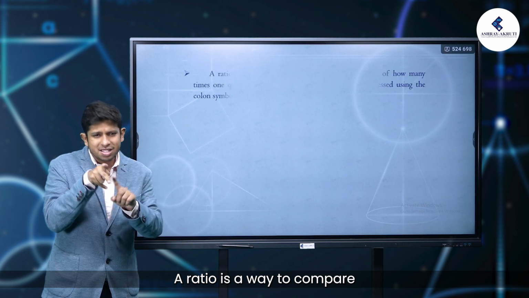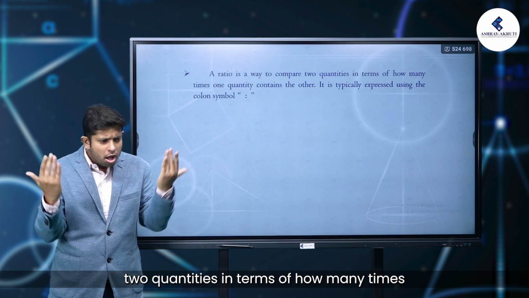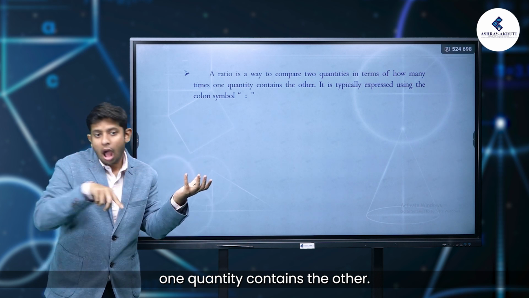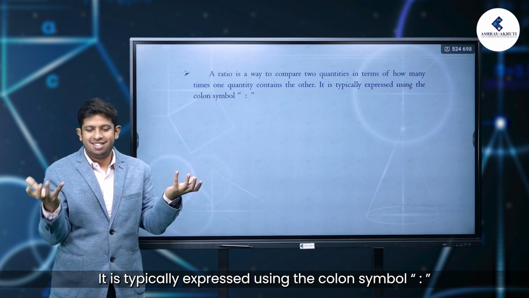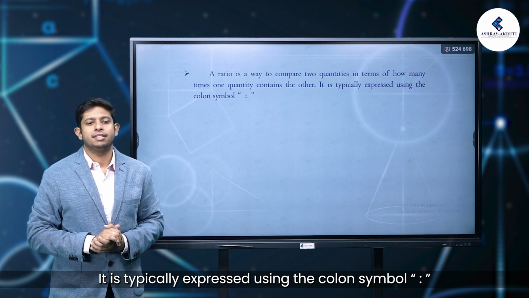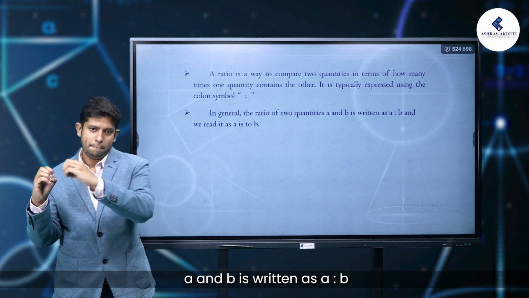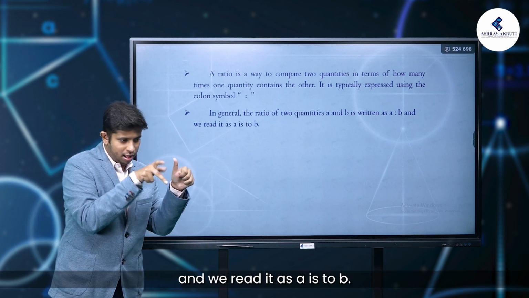A ratio is a way to compare two quantities in terms of how many times one quantity contains the other. It is typically expressed using the colon symbol. In general, the ratio of two quantities A and B is written as A:B, and we read it as A:B.